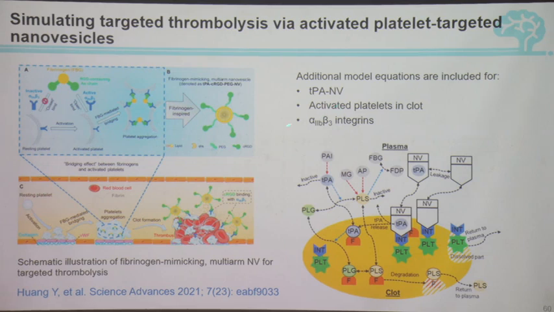And because the clot has activated platelets, these nanoparticles have been surface engineered to have these integrins. Then with these surface engineered particles, once delivered into the system, they will go to the clots, and they will bind to activated platelets within the clot, and upon binding with activated platelets, the TPA encapsulated inside the nanoparticle will be released. So this is a targeted delivery, targeted release of TPA.